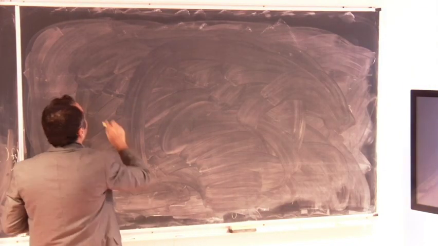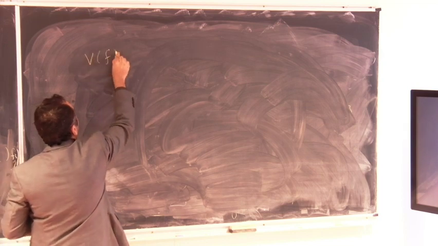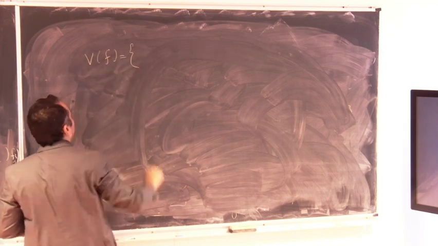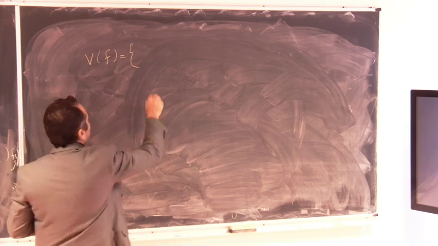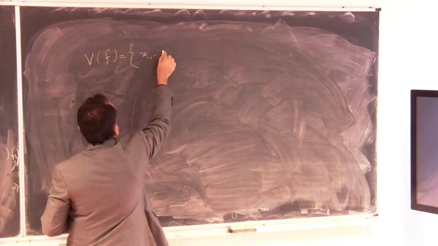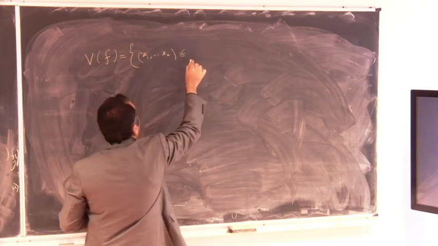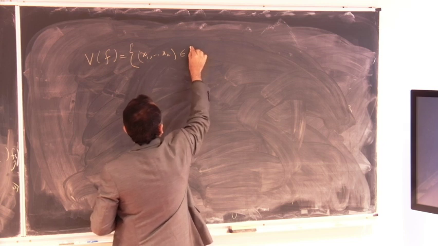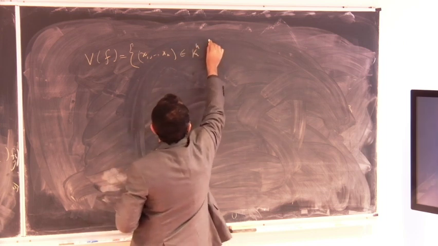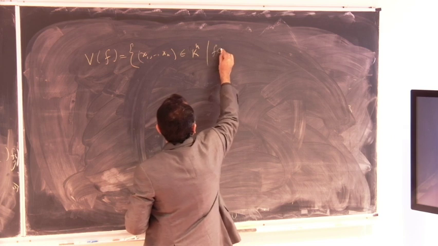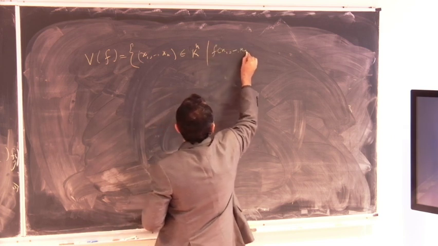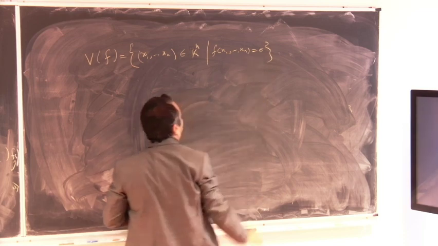For a certain polynomial f, we define the variety of f to be those points x1 up to xn from k^n, where k is a field, such that f of x1 up to xn is equal to 0.